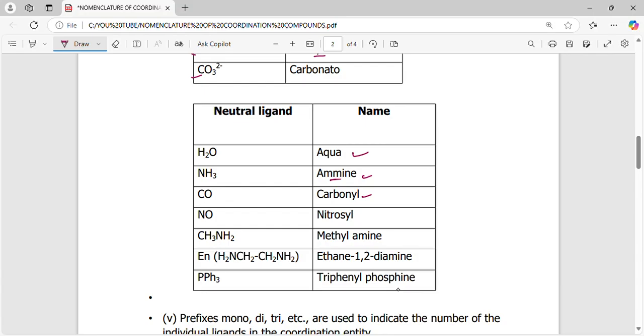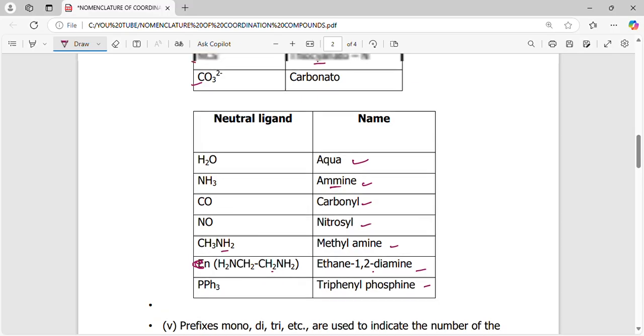NO, nitric oxide, is written as nitrosyl. CH3NH2 is methylamine. En normally represents NH2CH2CH2NH2, which is ethane-1,2-diamine. PPh3 is triphenylphosphine. So these are some of the common ligands which come in your CBSE board exam. So you have to study this.